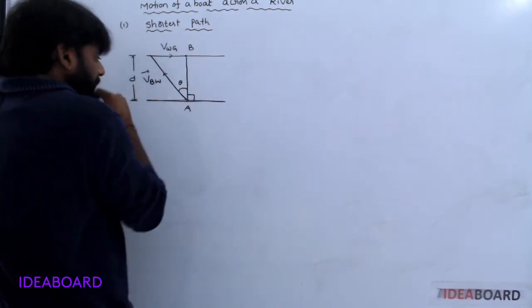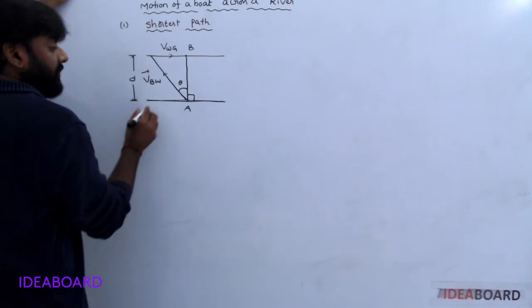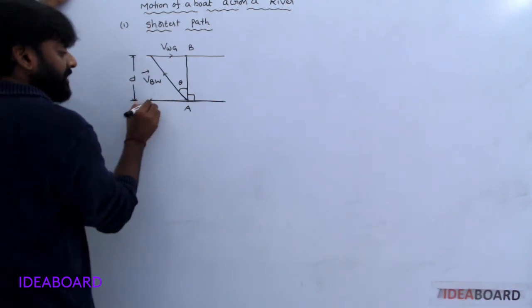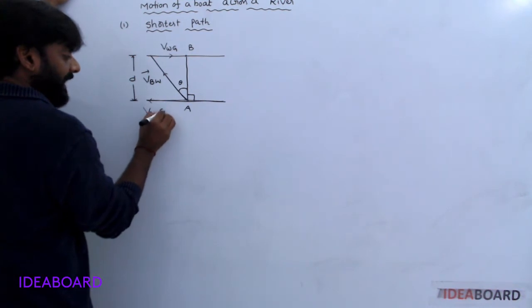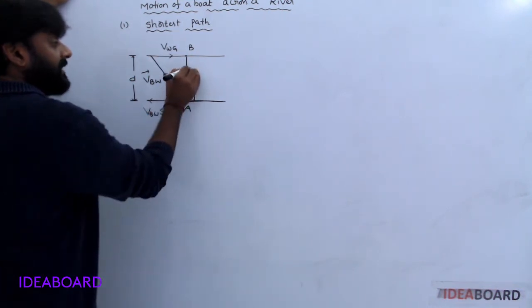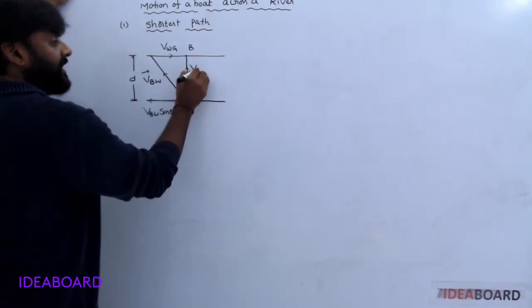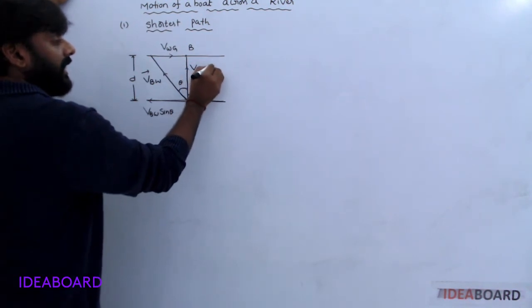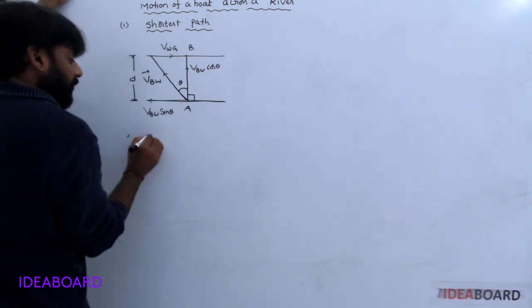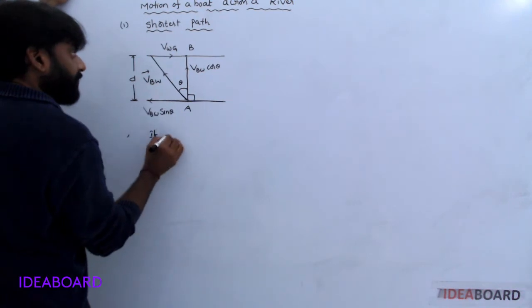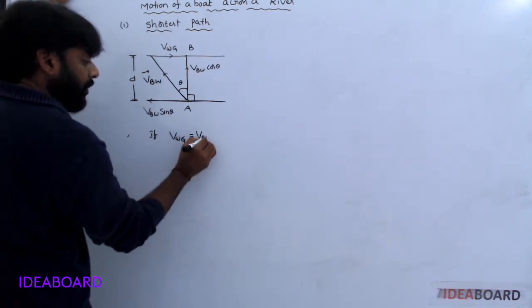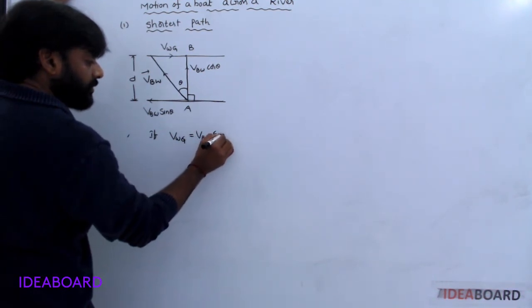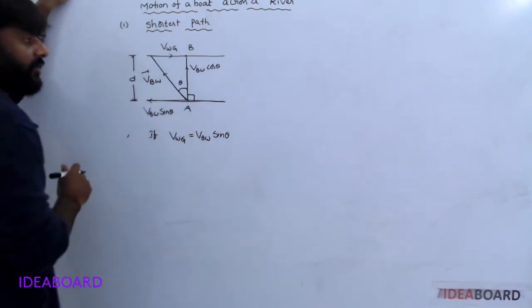Okay. First case. First of all, resolve this one. Along this direction, boat with respect to water, sine theta. Along this direction, boat with respect to water, cos theta. If water velocity with respect to ground is equal to boat velocity with respect to water into sine theta, both are equal.